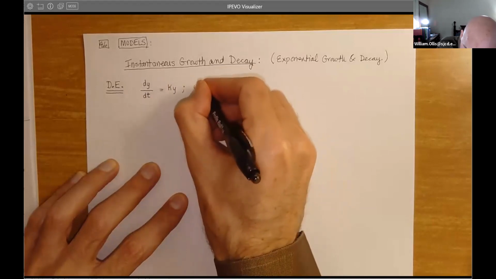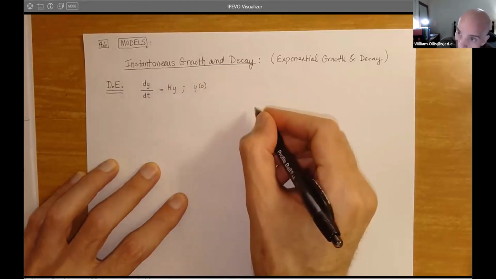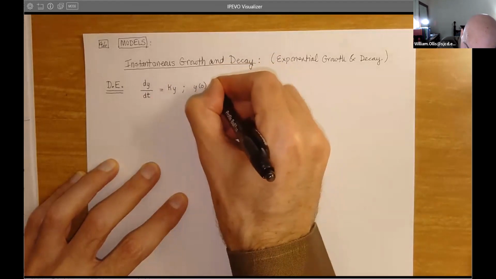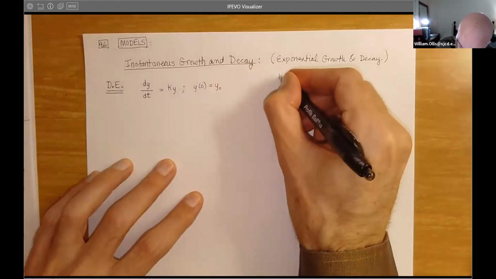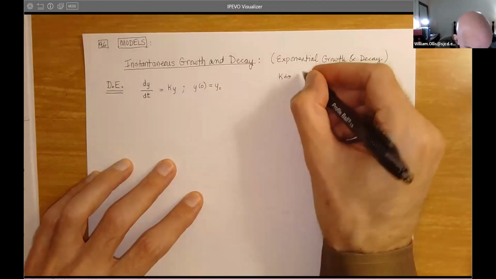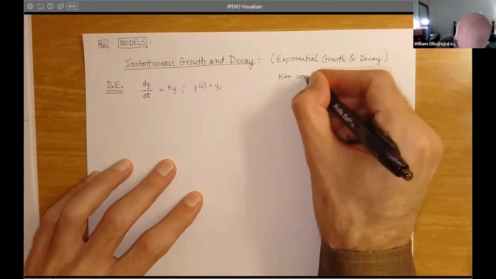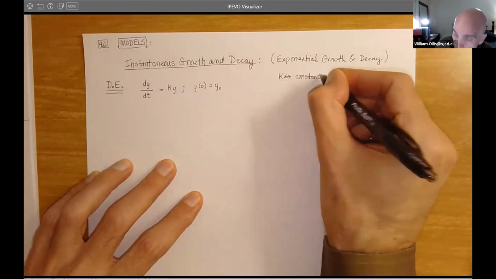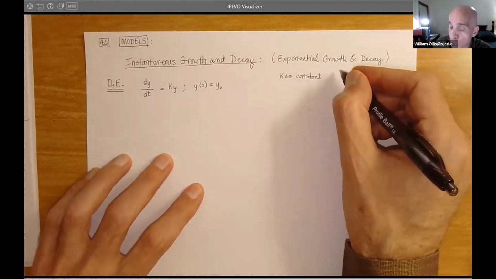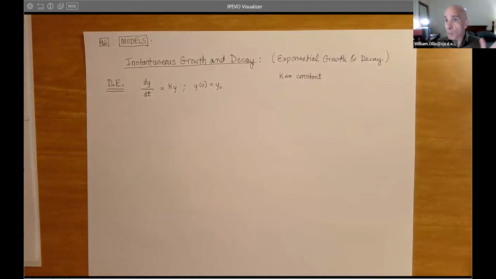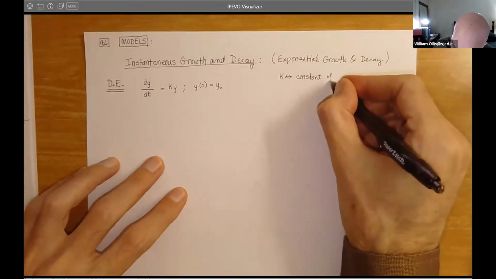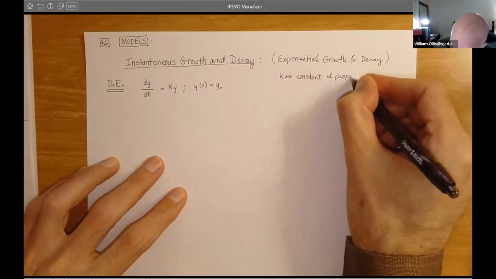And there's going to be an initial amount of y, which is a quantity, which we're going to call y sub 0. So let me go over here and say k will be a constant of proportionality. So you did your homework as a biologist and figured this out in the laboratory, so to speak. The laboratory could be anywhere. Constant of proportionality.